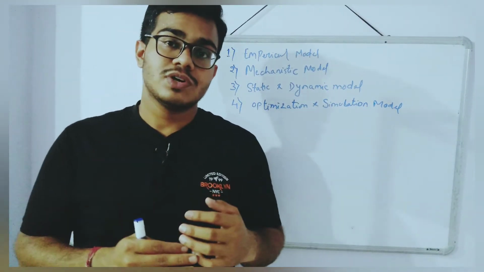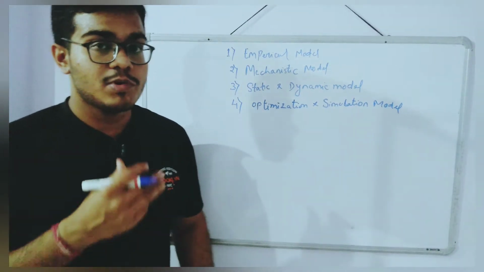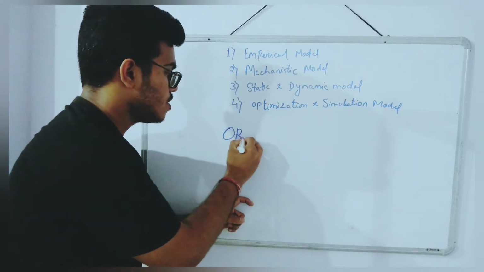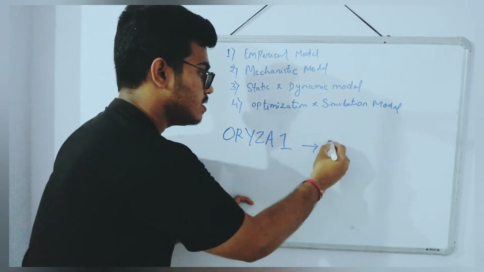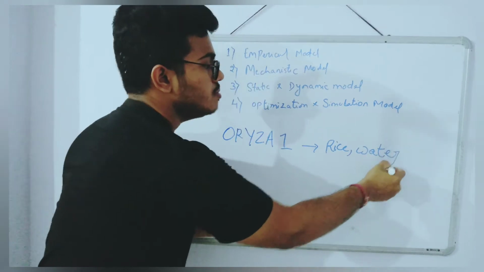There are different models for different crops that have been followed since long, and let me say about 2-3 models of different crops, like Oryza 1. This model is for rice and water. What do we mean by rice and water?